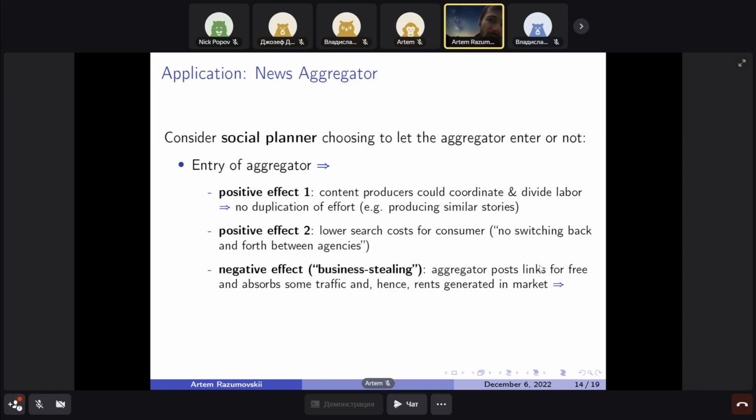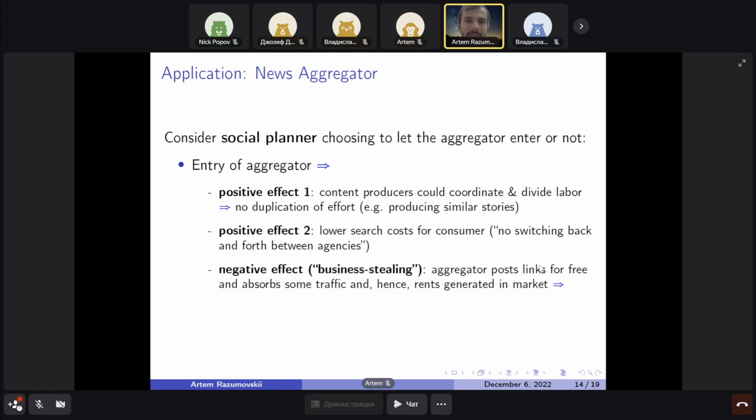However, there is supposed to be a negative effect as well, and that's the business stealing effect. Agencies make profit from advertisers, so they provide them advertising slots and then sell these slots based on viewers or clickers; it depends on how many agents come and click.